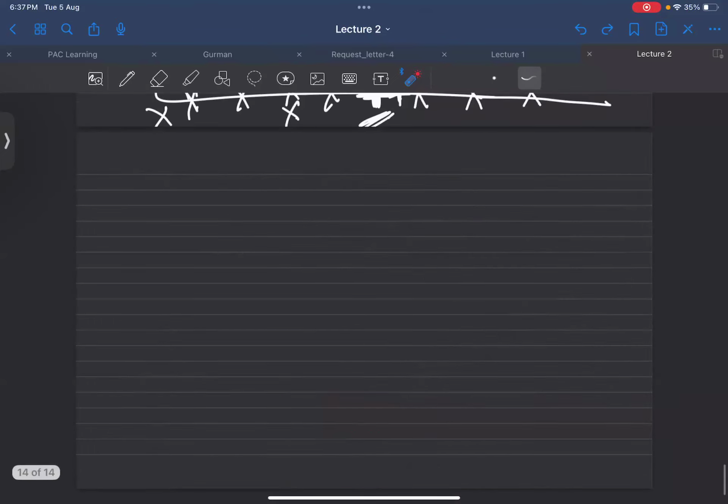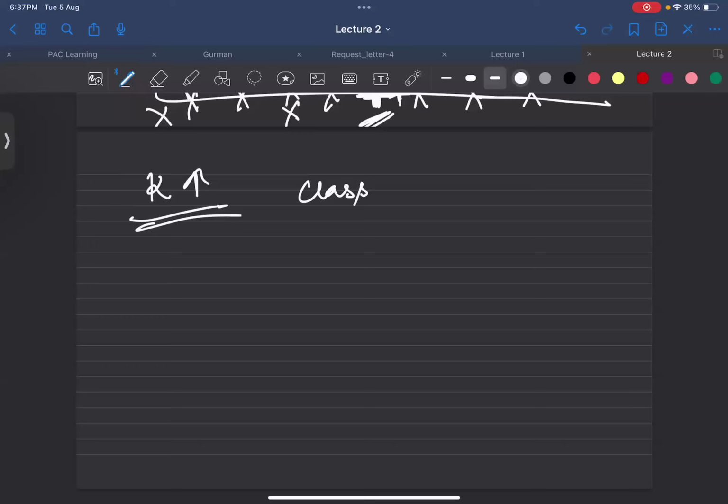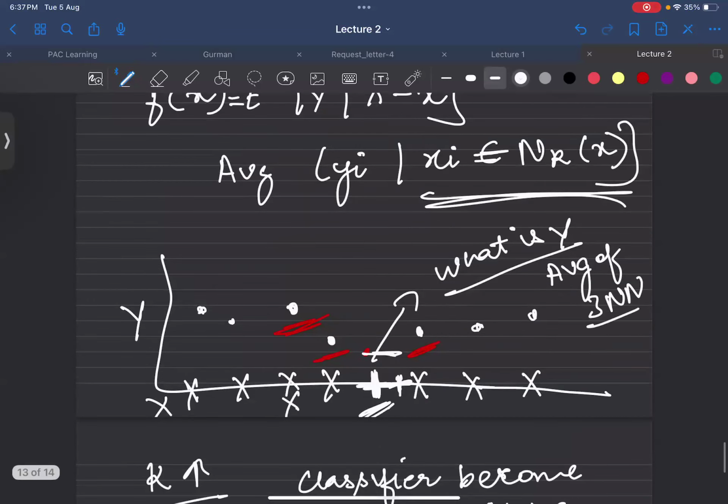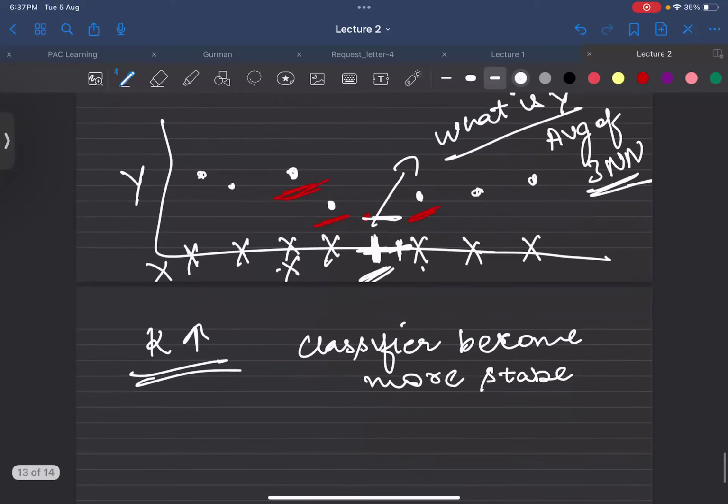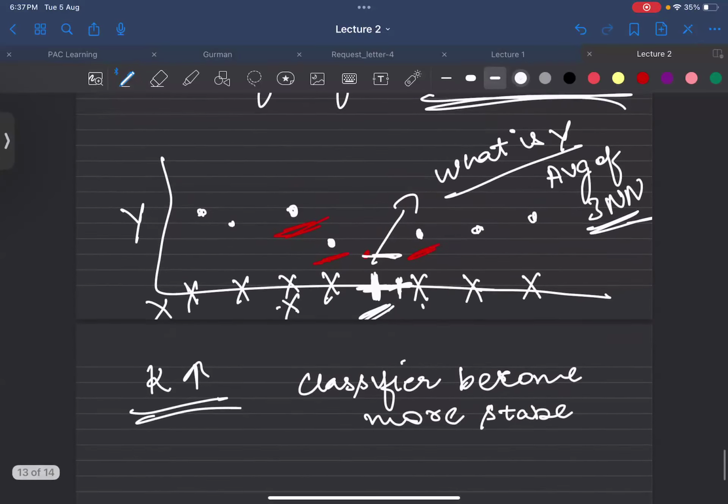So the other question which arises in our mind is, what if I say that k increases? Does the classifier become more stable? What is K again? Number of points. Here I was considering 3 neighbors. Okay, so the classifier will be very simple.